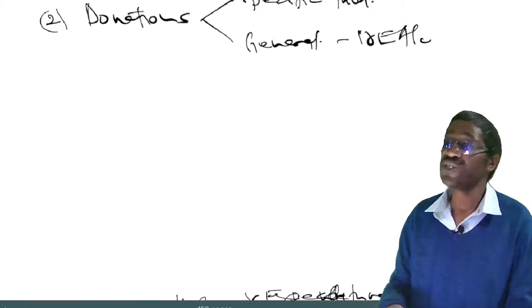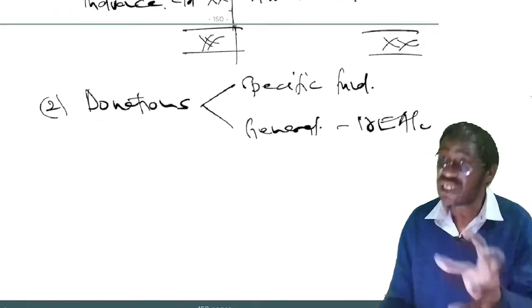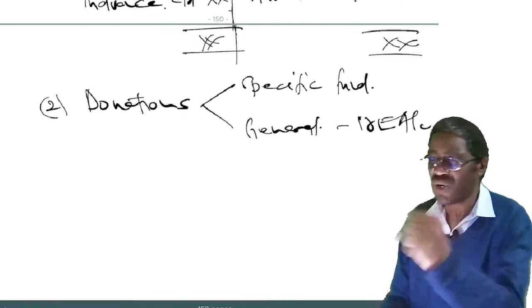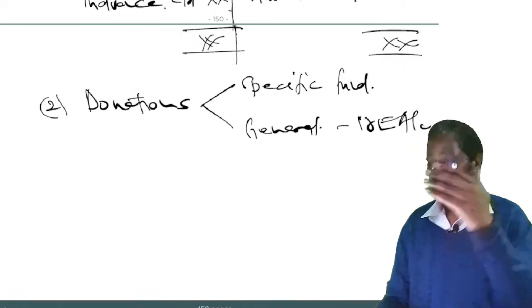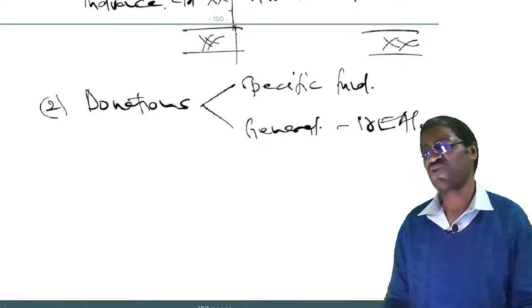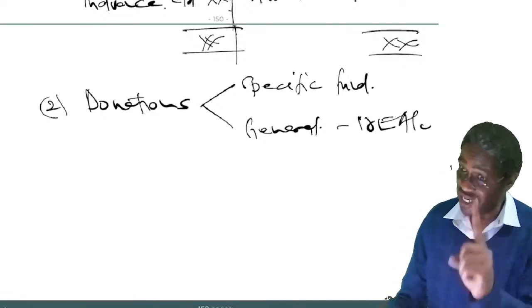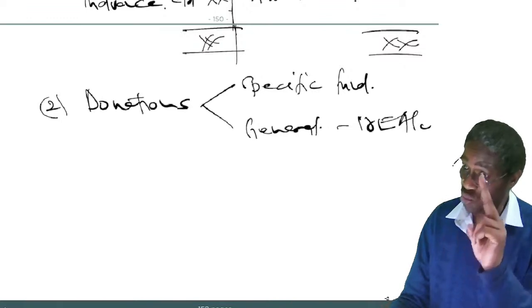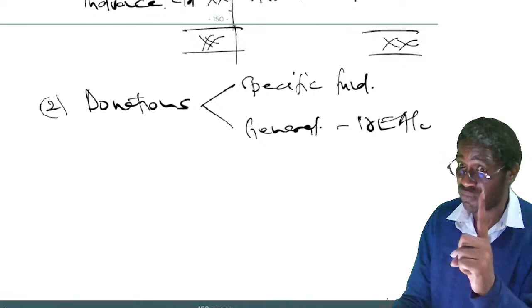Take it to a specific fund account, where the money will be kept until it is utilized for the specific item, like buying a bus, a motor vehicle, or land for the club. That's number 2. I've explained the types of donations and how to treat them.